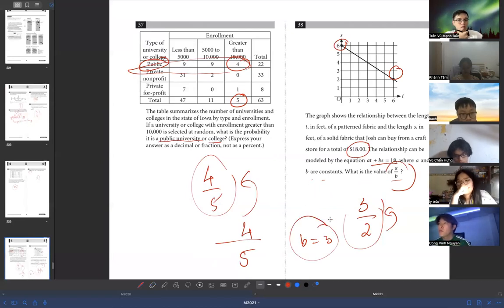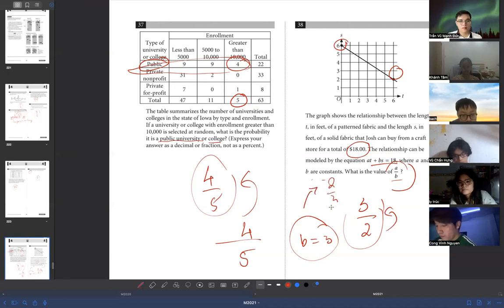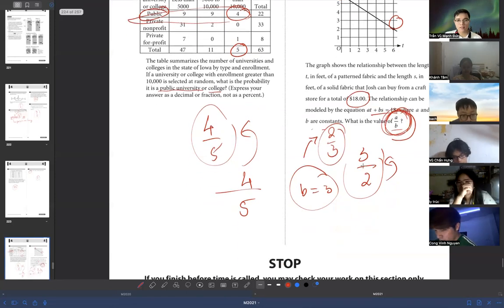B is 3, so 2 would be A, so it should be 2 over 3. Be careful with the very last steps like this, because it can be very regretful.